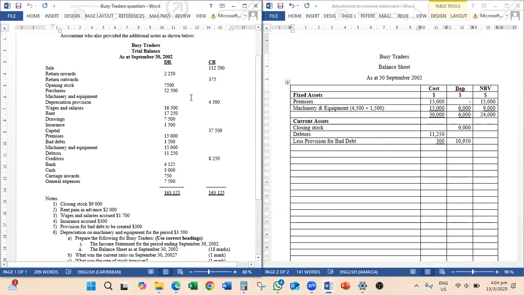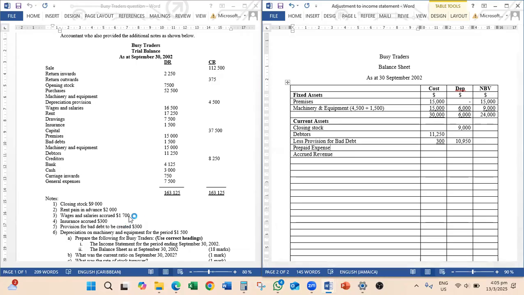When we are doing adjustments to final accounts, when we are talking about adjusting the balance sheet, there are two items that are included in the current assets section. One of the items is prepaid expense and accrued revenue, right?